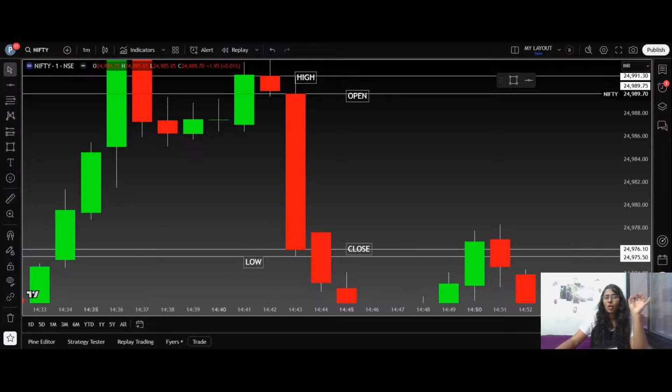Now let's see how this candle was opened while the market was live. This candle will get opened like this. It went higher. Then selling pressure will be there. Then it will come down. It will go lower and then it closed. So the selling pressure was much, the buying pressure was less.